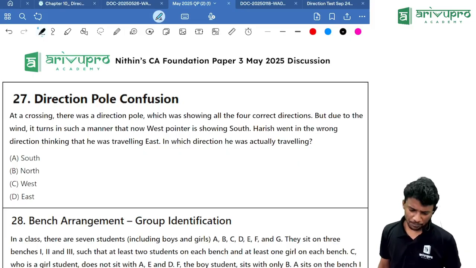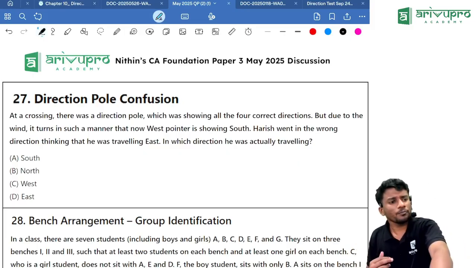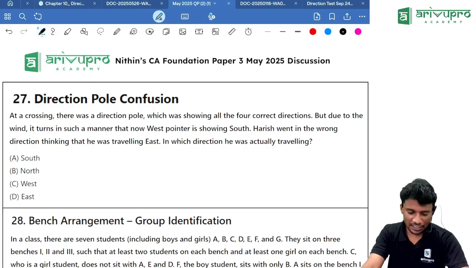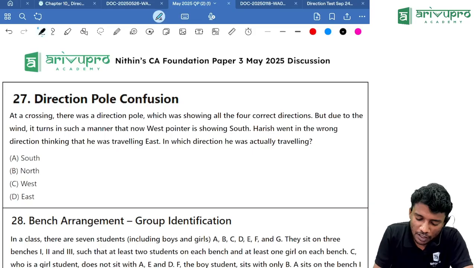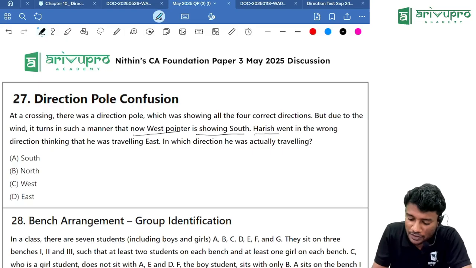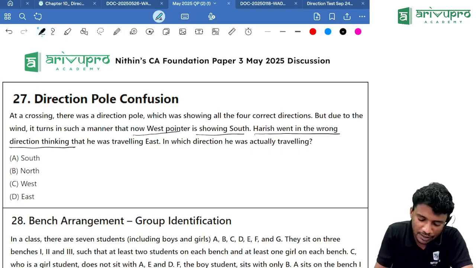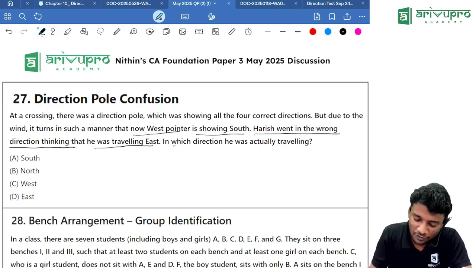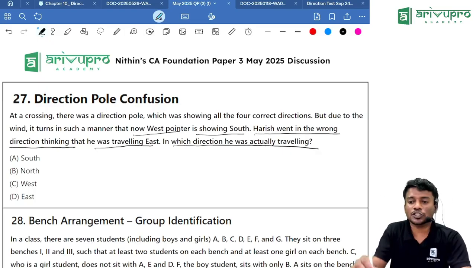At a crossing, there was a direction pole which was showing all the 4 correct directions. Due to the wind, it turns in such a manner that now the west pointer is showing south. Harish went in the wrong direction thinking that he was traveling east. In which direction was he actually traveling?